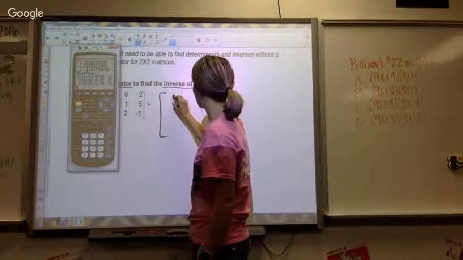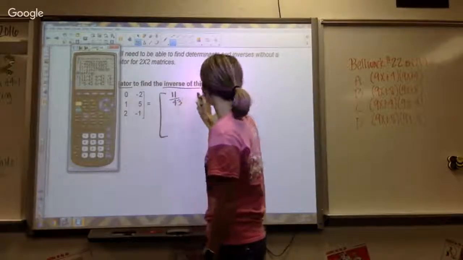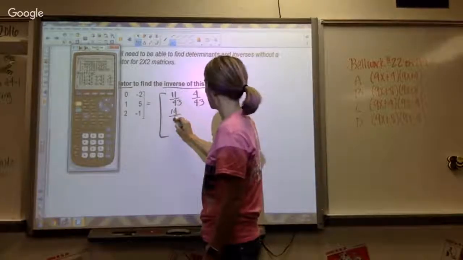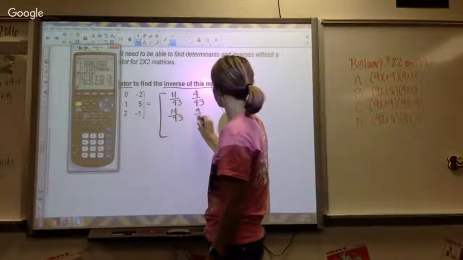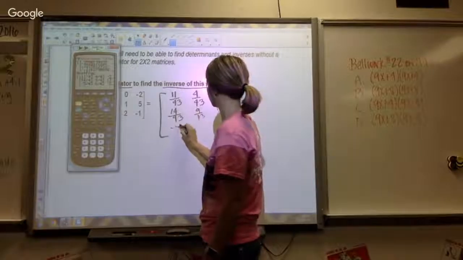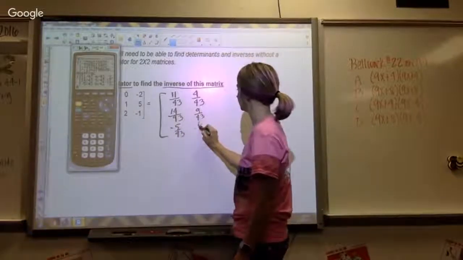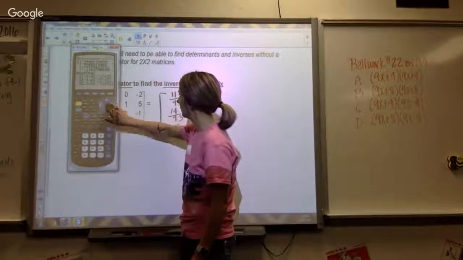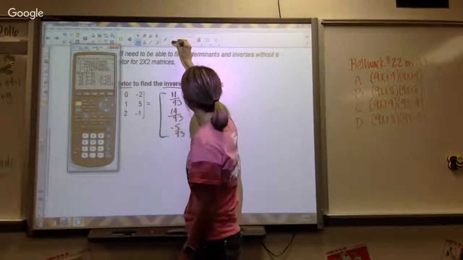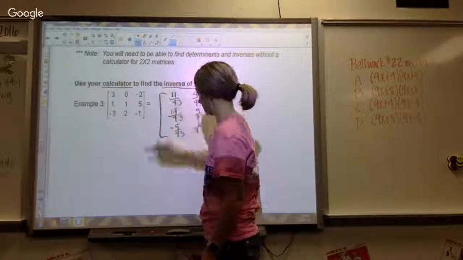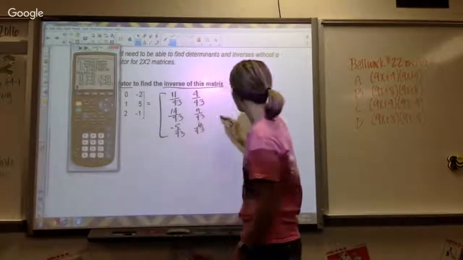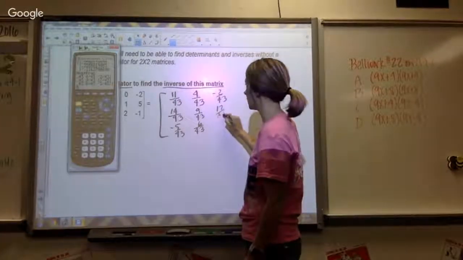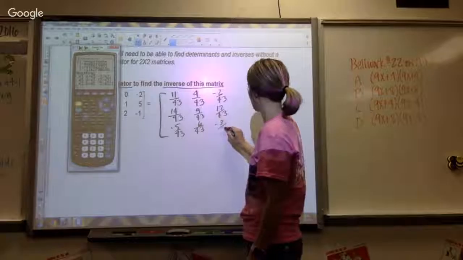Okay, so that's going to be 11 over 43, 4 over 43. I'm going to go ahead and write the ones that I'm able to see. And I'll move over. That's -2 over 43, 17 over 43, and -3 over 43.